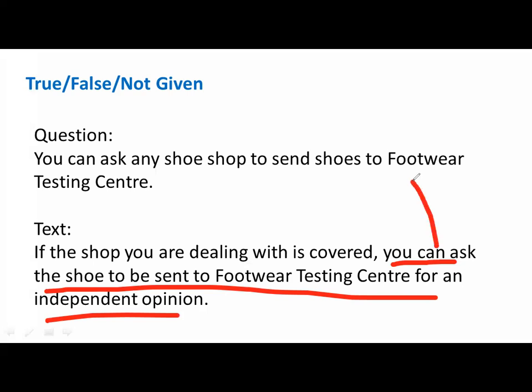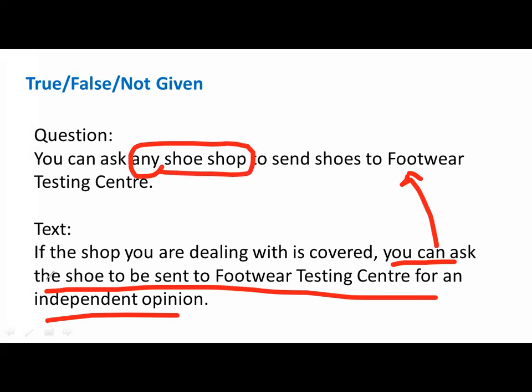At first look, it looks the same. You can ask any shoe shop to send shoes to the footwear testing center. You can ask the shoe to be sent to the footwear testing center. But if you look carefully, intensively, you can ask which shop? Any shoe shop.